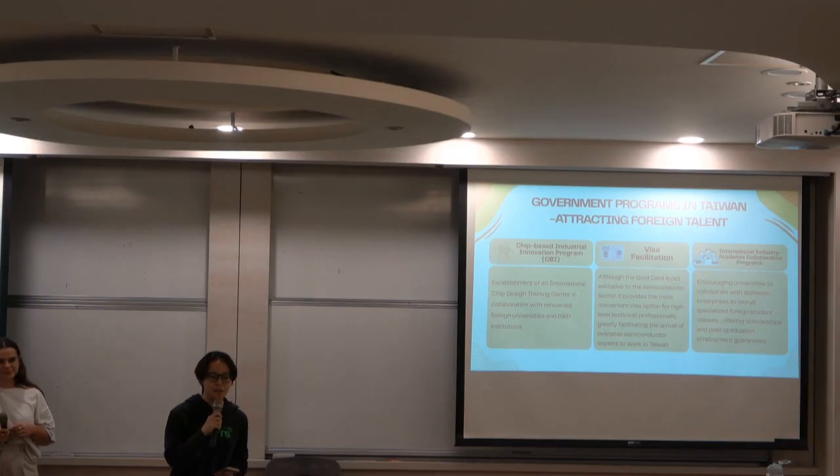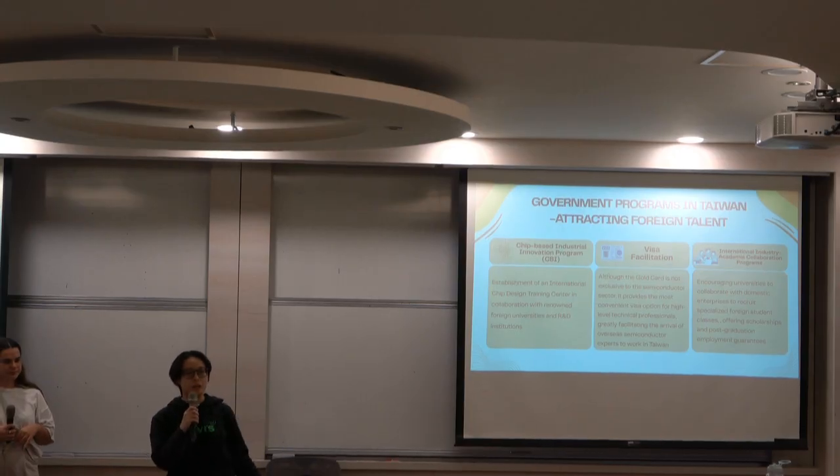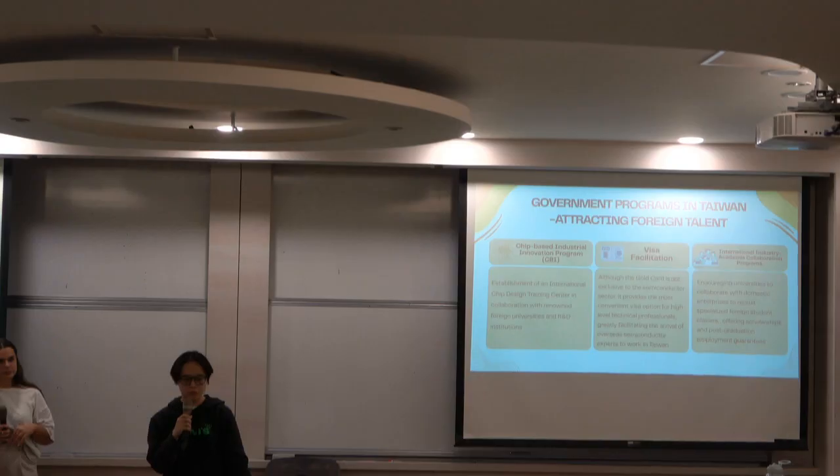And as for attracting foreign talents, the Taiwanese government also collaborates with some overseas universities, setting up some training centers over there and offering some related courses to attract those foreign talents to come to Taiwan. And also the visa facilitation.